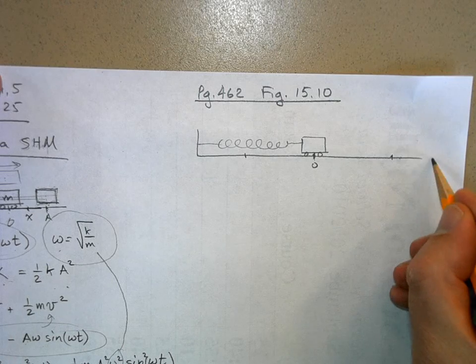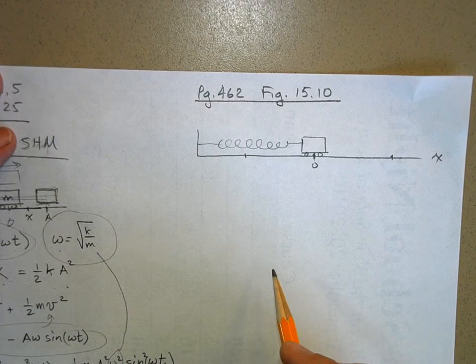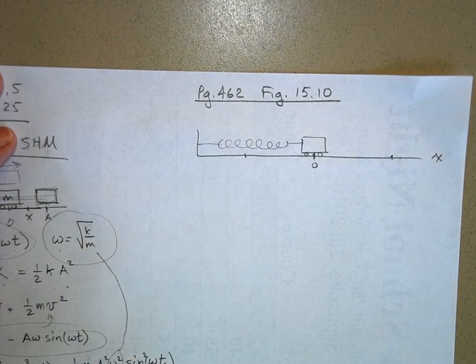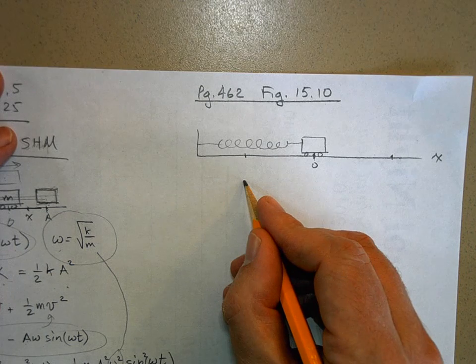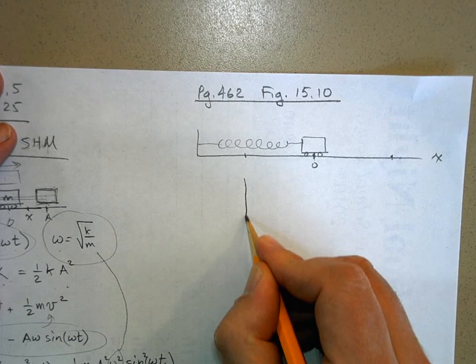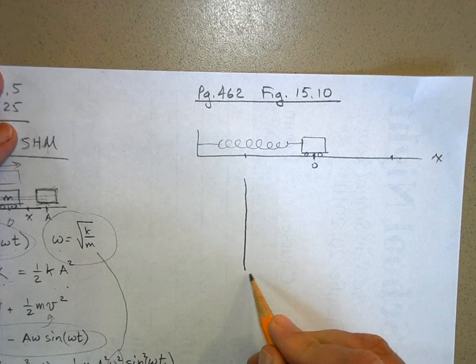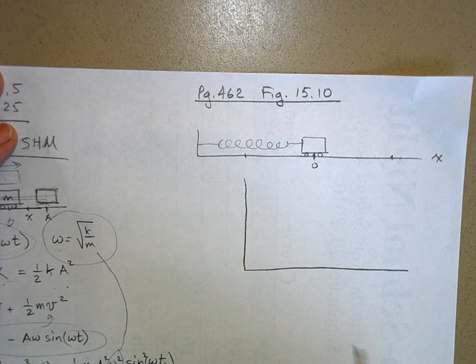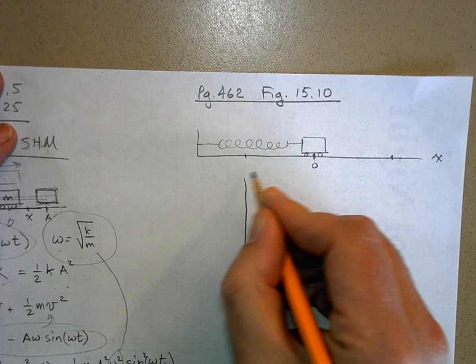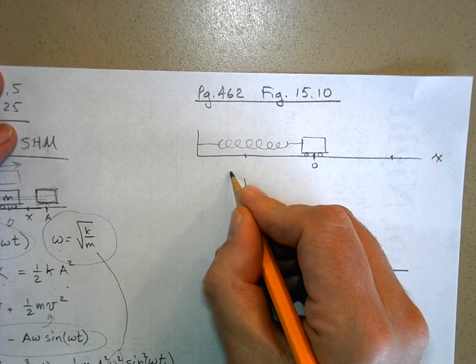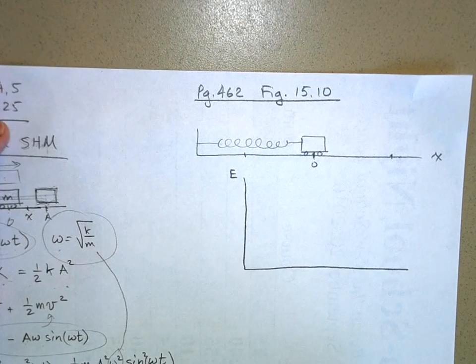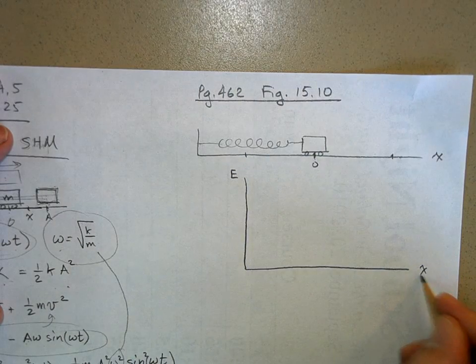Well, this is x. So if I were to graph the energy as a function of x, so here's energy. Well, I'm actually going to put 3 graphs on here as a function of x.